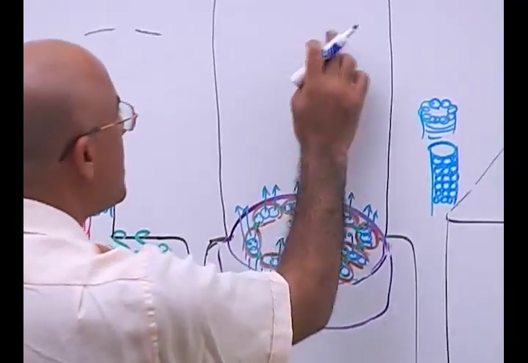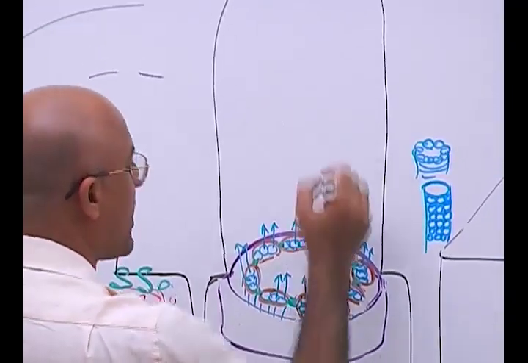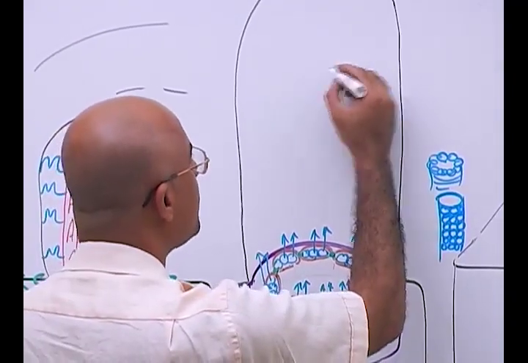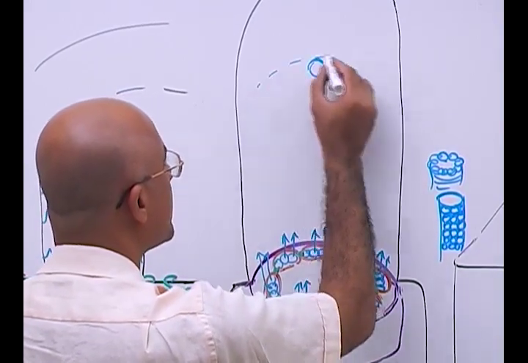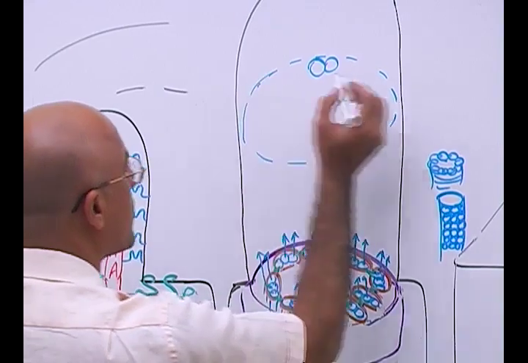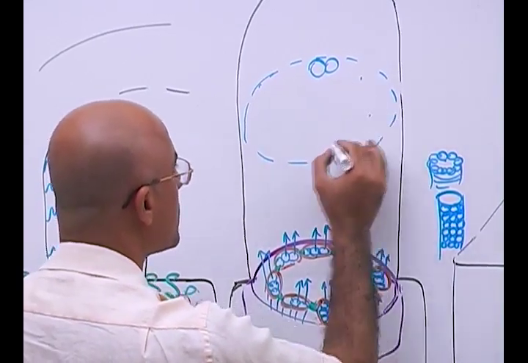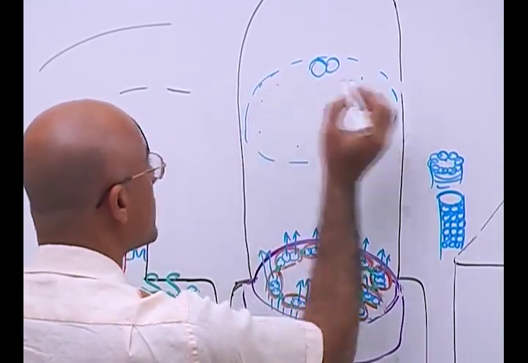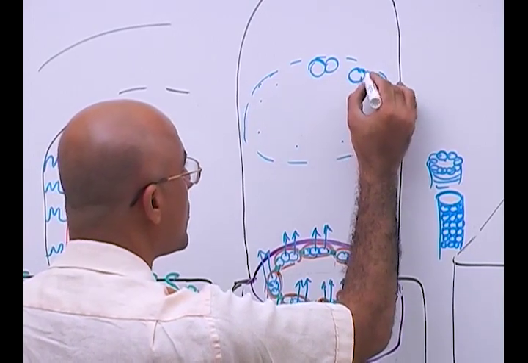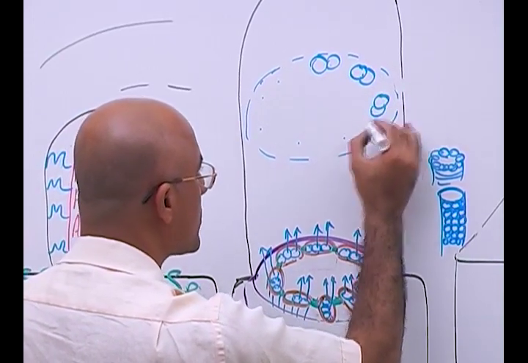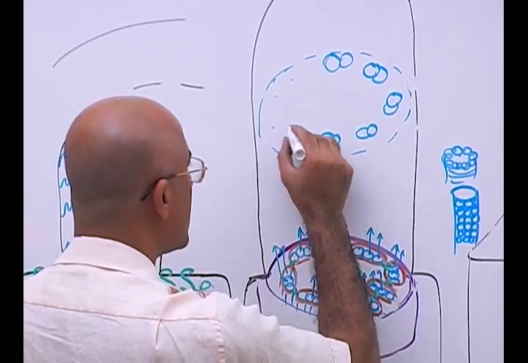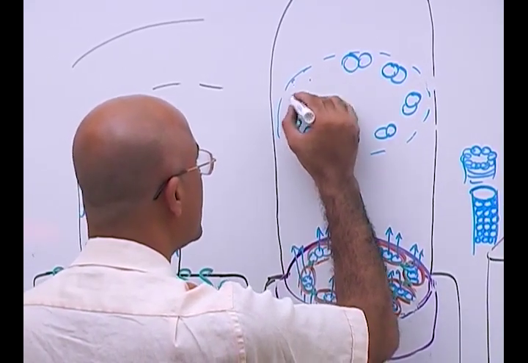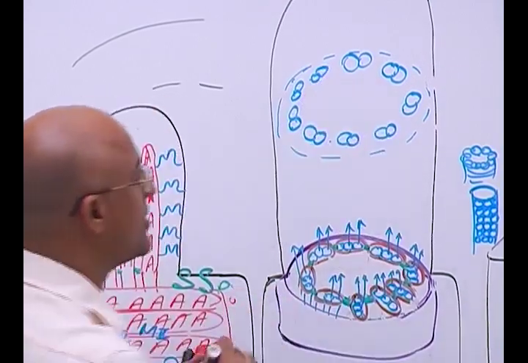So if you make a section here, how many doublets will you find? Let me make it. 1, 2, 3, 4, 5, 6, 7, 8, 9.